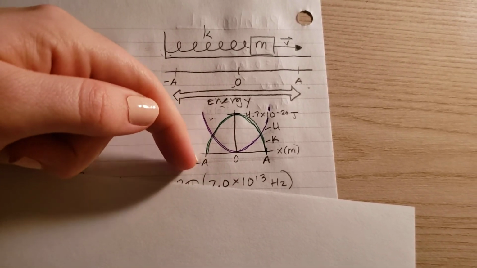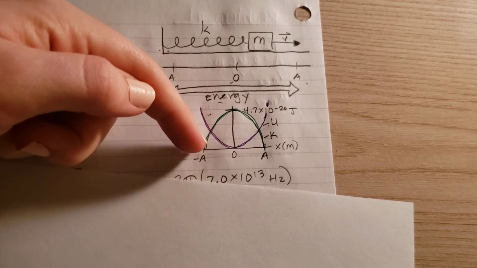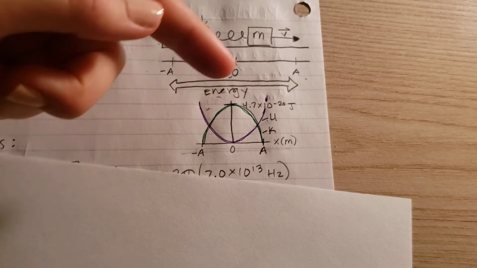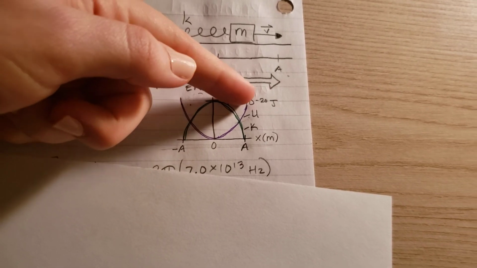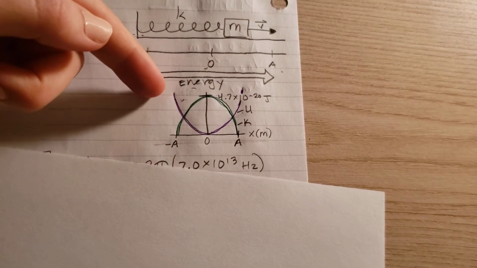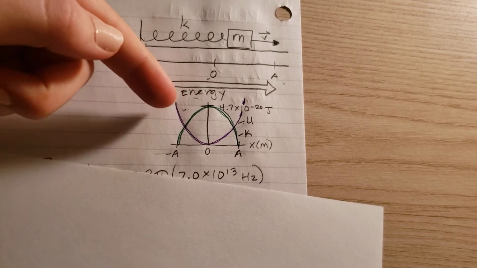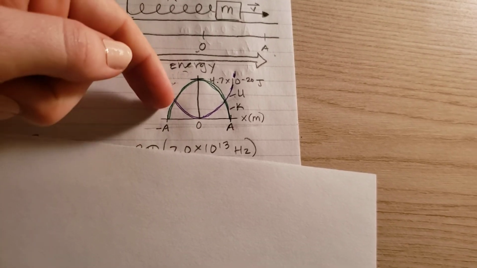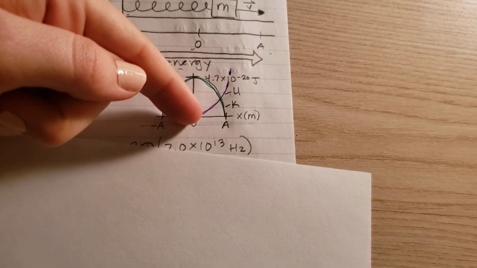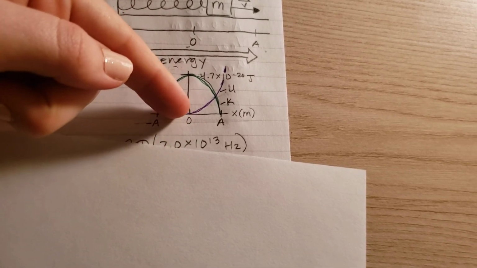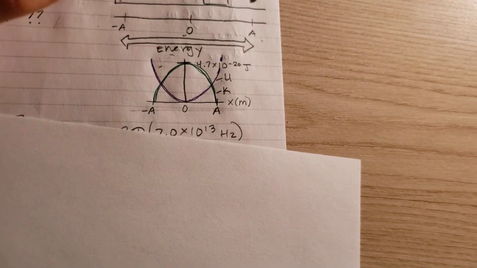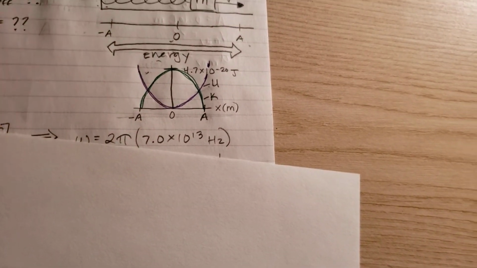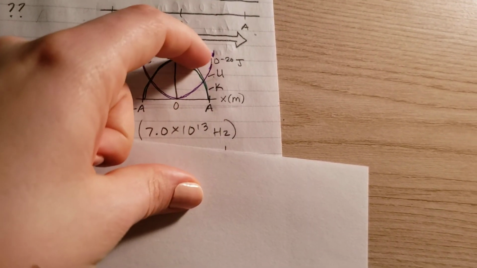From negative A to A, we have our total energy up here as 4.7 times 10 to the negative 20 joules, and then our potential energy is going to be decreasing as we approach 0, as our velocity is in the negative approaching 0, and then it increases back up once the velocity is positive.